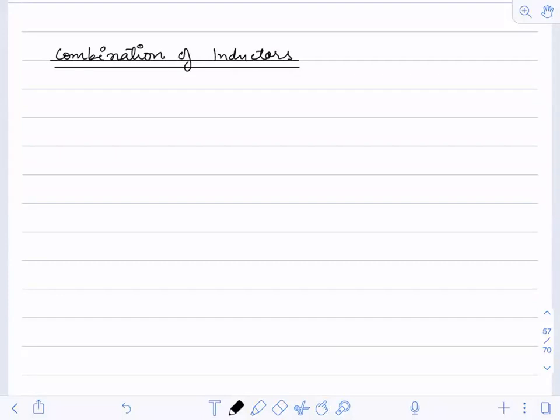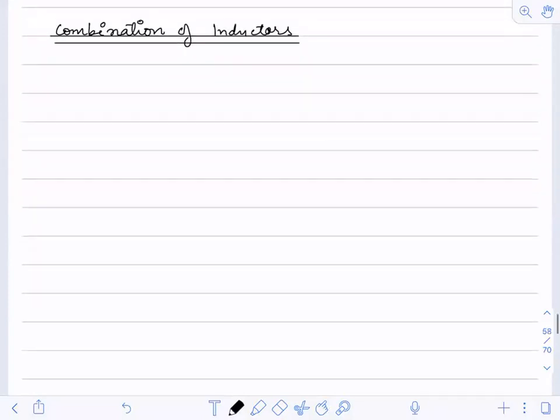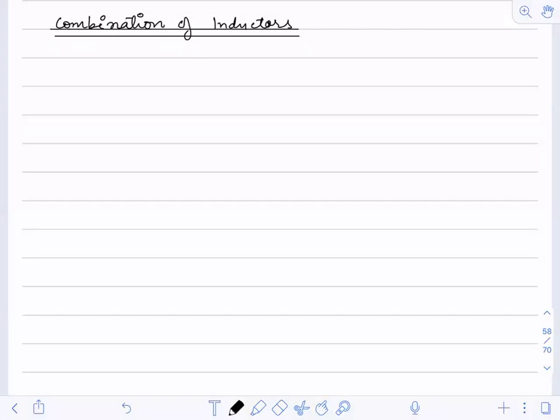I'll try to just wrap it up quickly, because combination of inductors is not in NCERT, so I don't think it is a part of the NEET syllabus also. Anyway, if you have asked, I'll just brief it up over here, the possible ways how you can solve the questions.